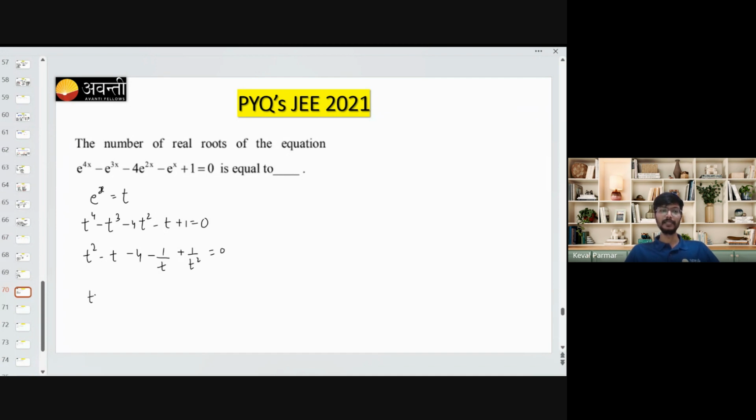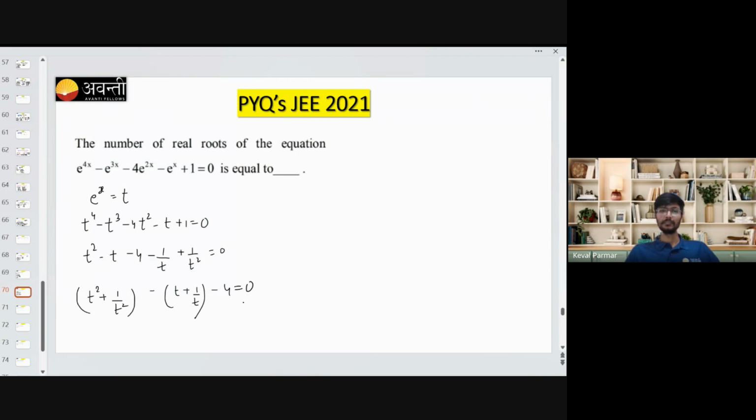Now we'll group them together. T square plus 1 by t square, we'll group it, first and last term, minus t plus 1 by t, we'll group this, minus 4 equals to 0. Here guys, t plus 1 by t.